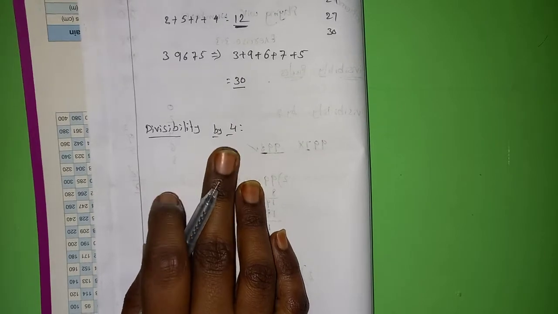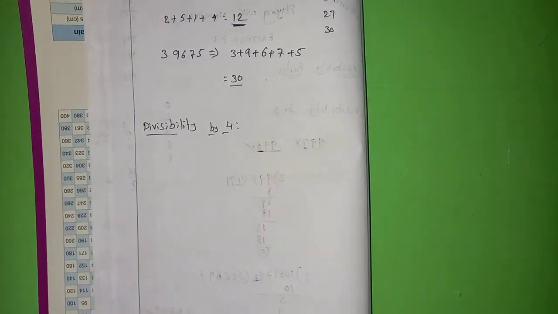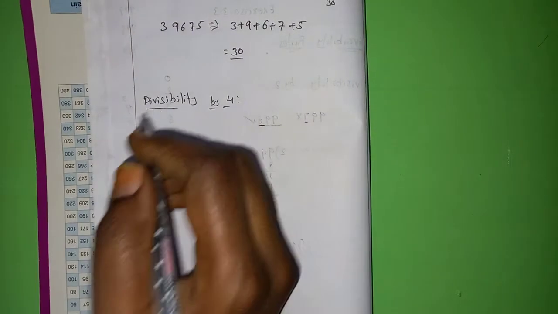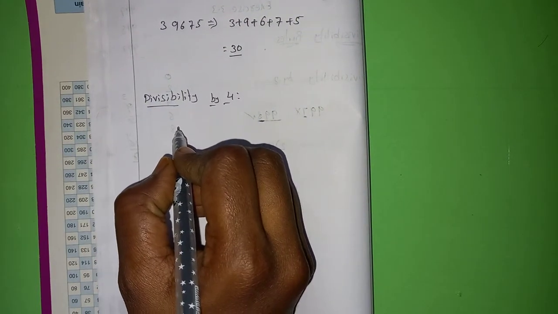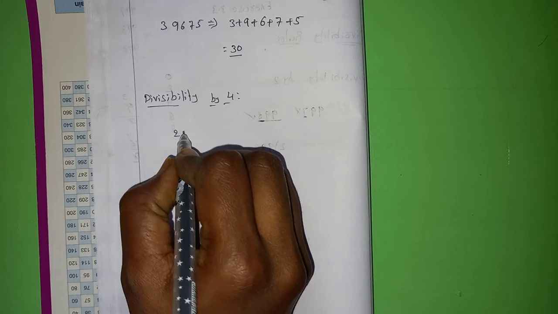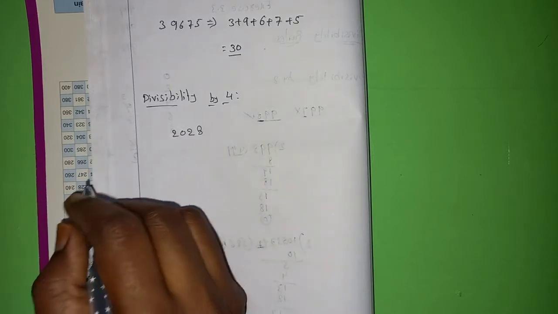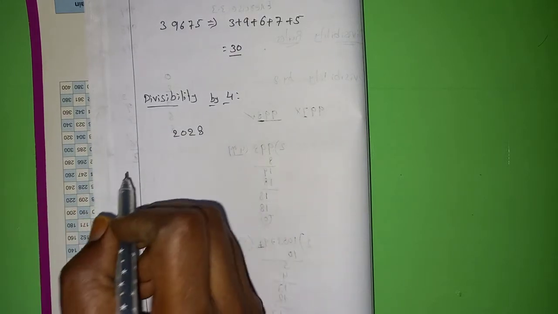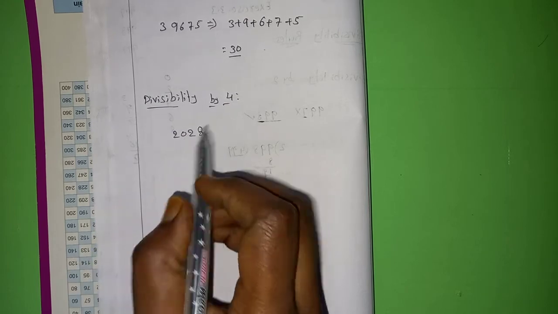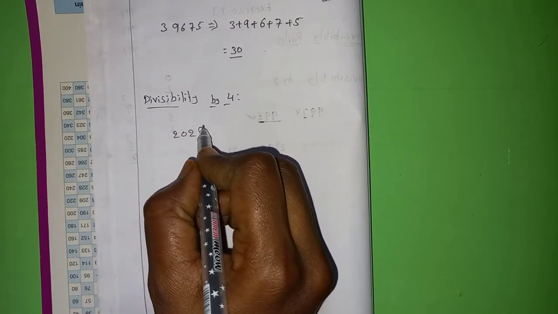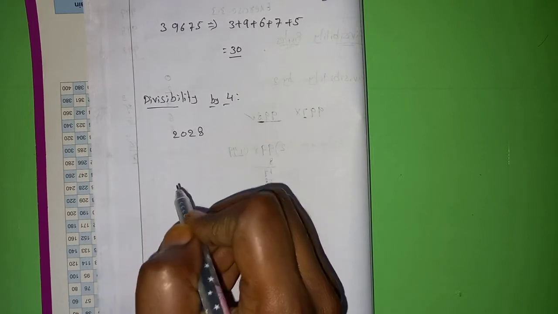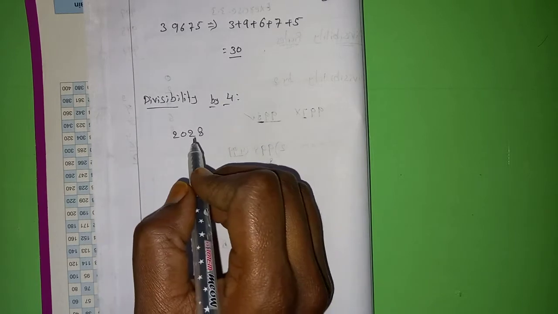But what is the trick for 4? Here also, the trick is like this: I'm going to take 2028. It's a 4-digit number. How can we understand whether this number is divisible by 4 or not?